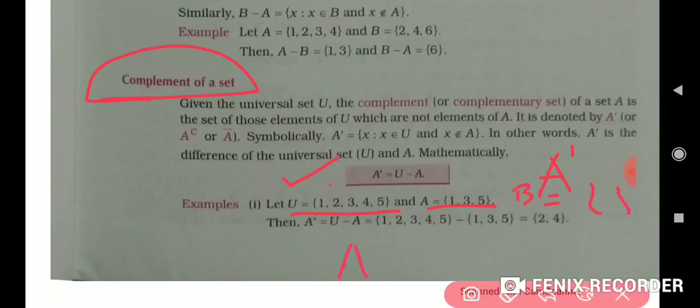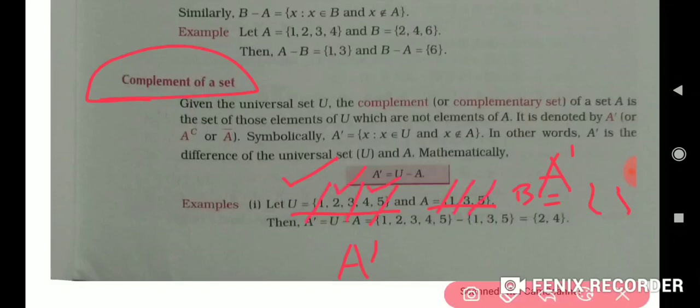Now how can you find A complement? A complement means, see, 1 is there in both, cut. 3 is there, cut. 5 is there, cut. What are the elements that are left? 2 and 4.